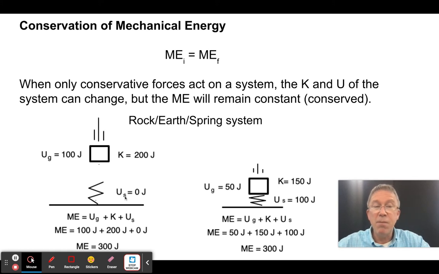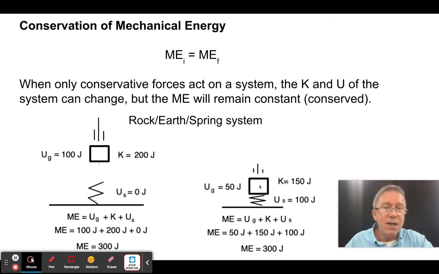So if I sum up my mechanical energy to start with, my initial mechanical energy is going to end up being U plus K plus US, 100 plus 200 plus zero. I have 300 joules worth of mechanical energy to start with. And since these are conservative forces, and all three objects, the Earth, the rock, and the spring, are all part of the system, what's going to happen is this: my final mechanical energy has to equal my initial.